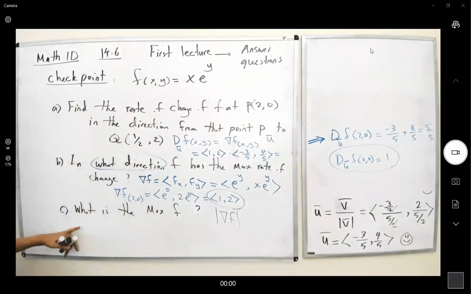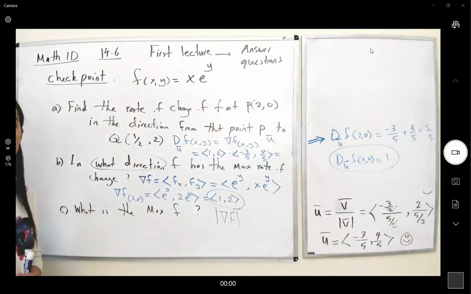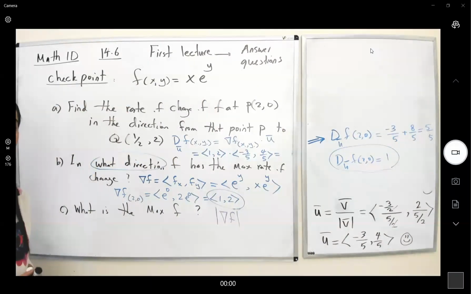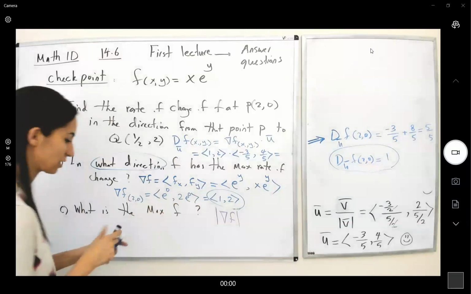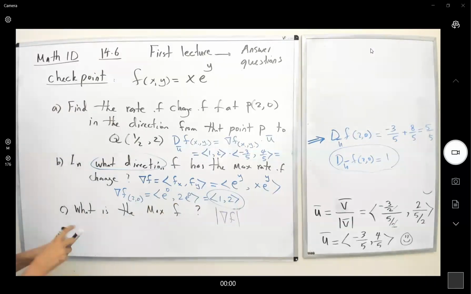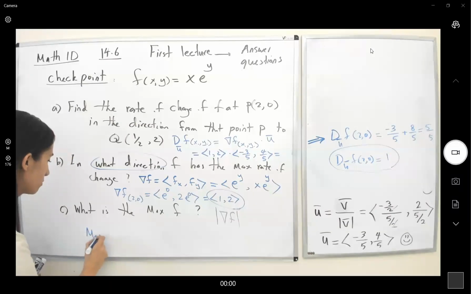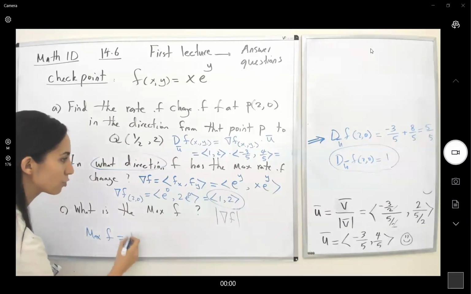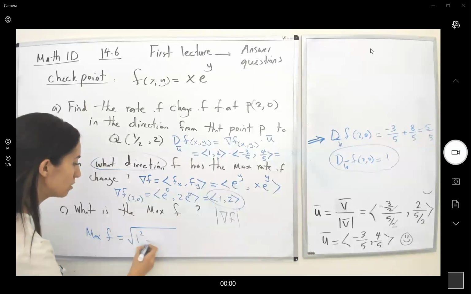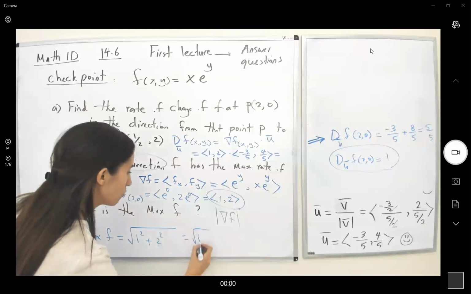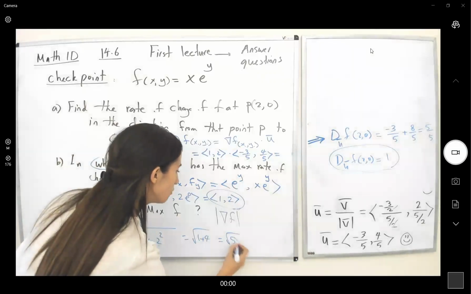And finally, the last part: what is the maximum value of f? It's going to be equal to the magnitude of your gradient. So here we can find the magnitude of the gradient. The maximum value is equal to the square root of 1 squared plus 2 squared, which is 1 plus 4, or square root of 5.